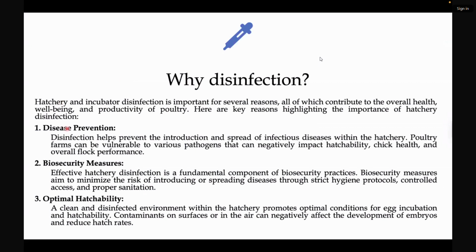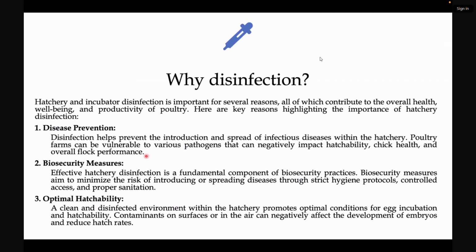The reason is that if we want to prevent disease, if we want to keep the biosecurity measures intact, if we want to have optimum hatchability, then we need this disinfection.